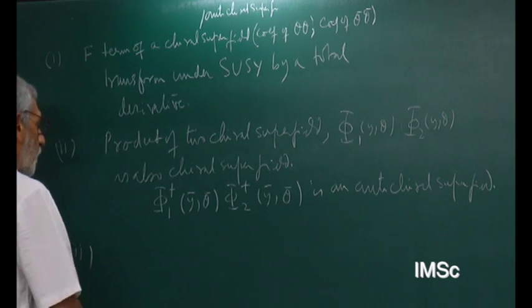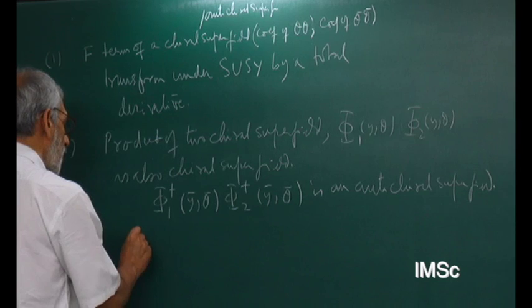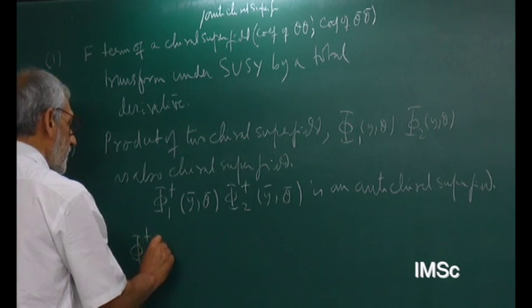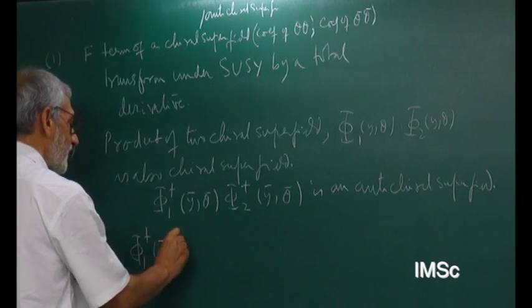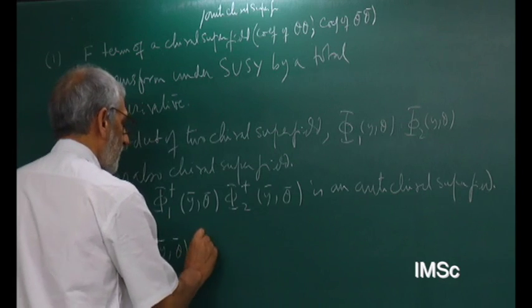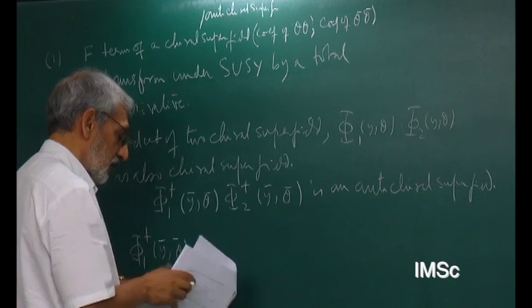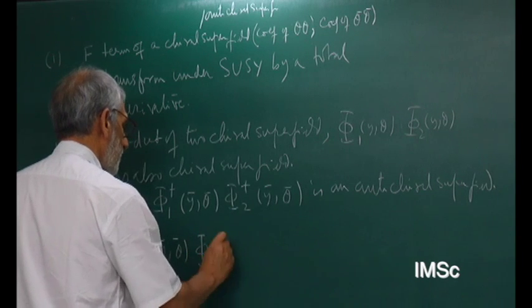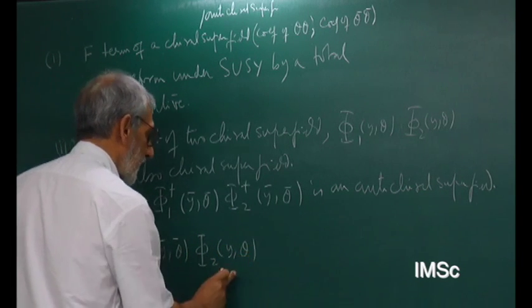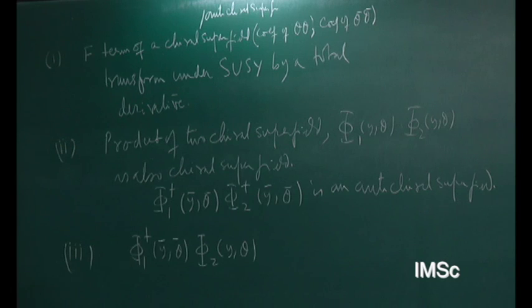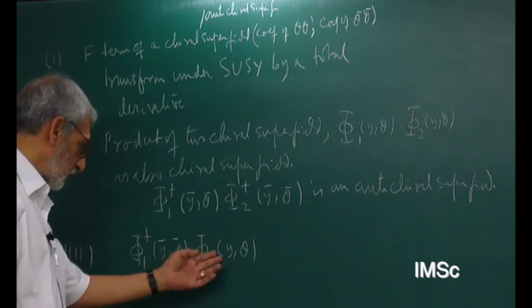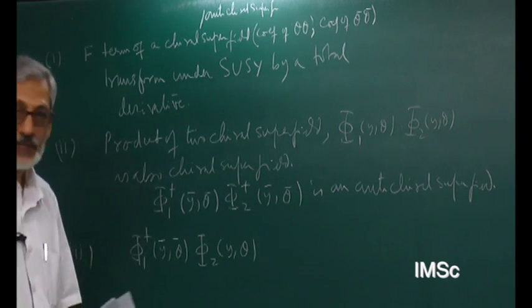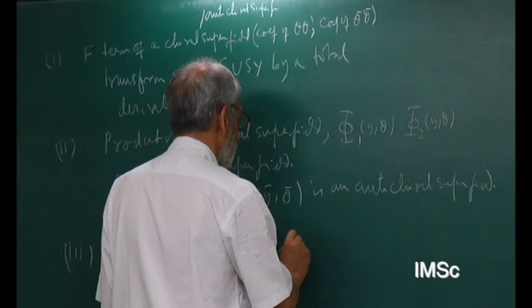Then we asked, what about a superfield which is a product of a chiral superfield and an anti-chiral superfield? Clearly, it's not a chiral superfield because a function of both y and y bar and theta and theta bar is not a chiral superfield.